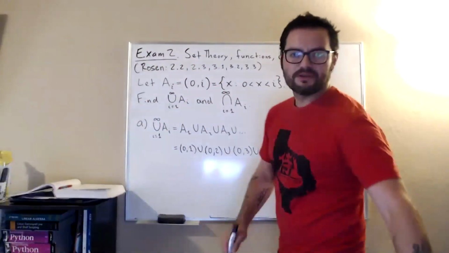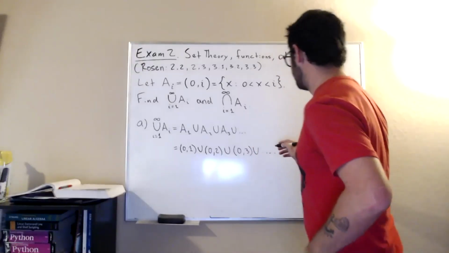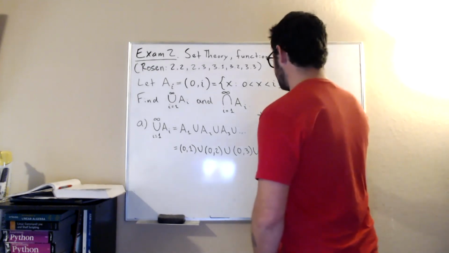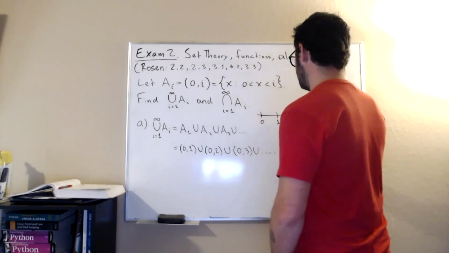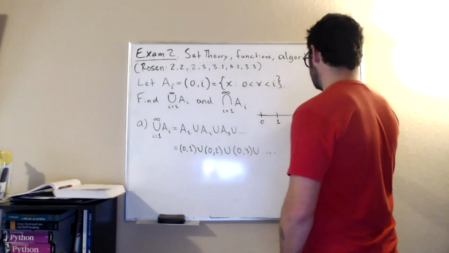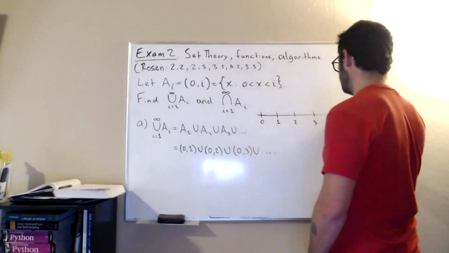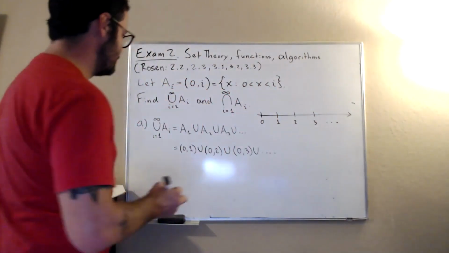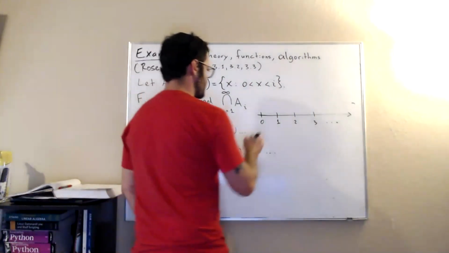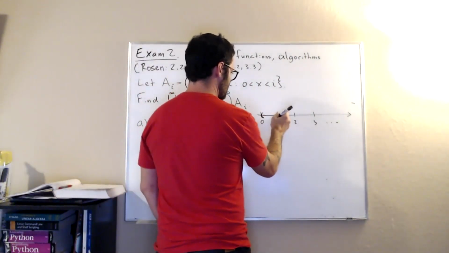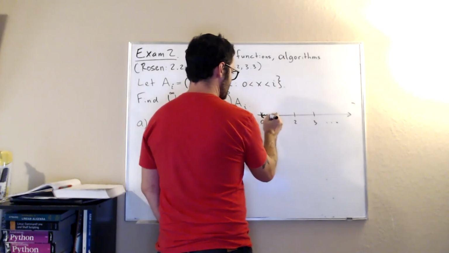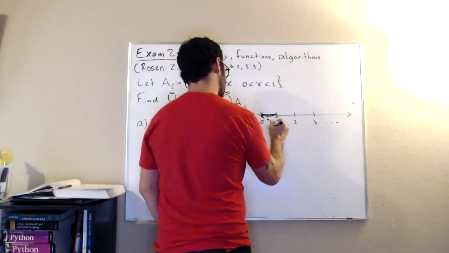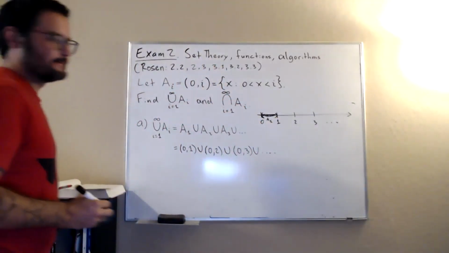Well, you can draw a picture to help yourself with this. So let's look at the number line. Here's 0, 1, 2, 3, and so forth. So where is A1? A1 is all of those numbers there. What's A2?